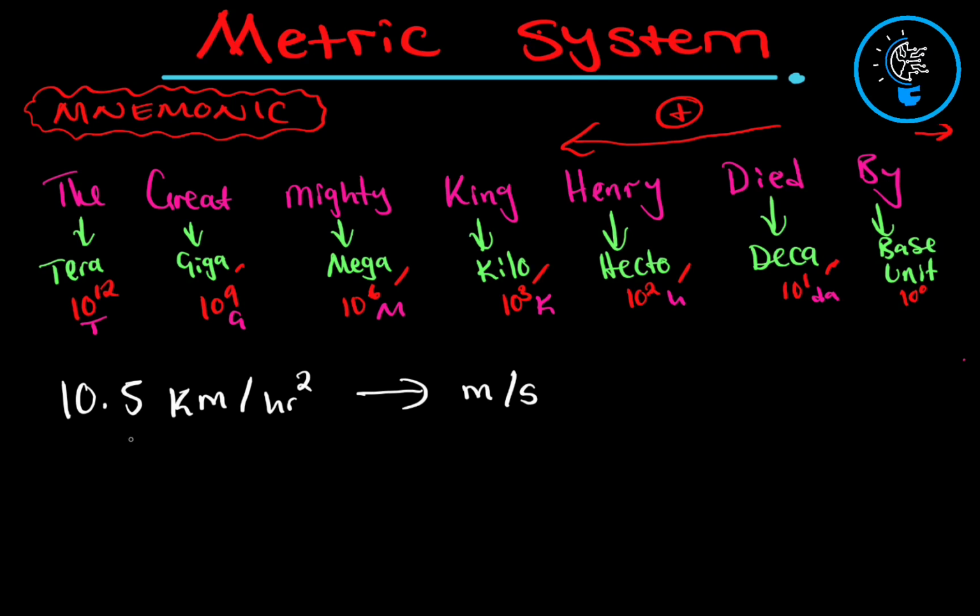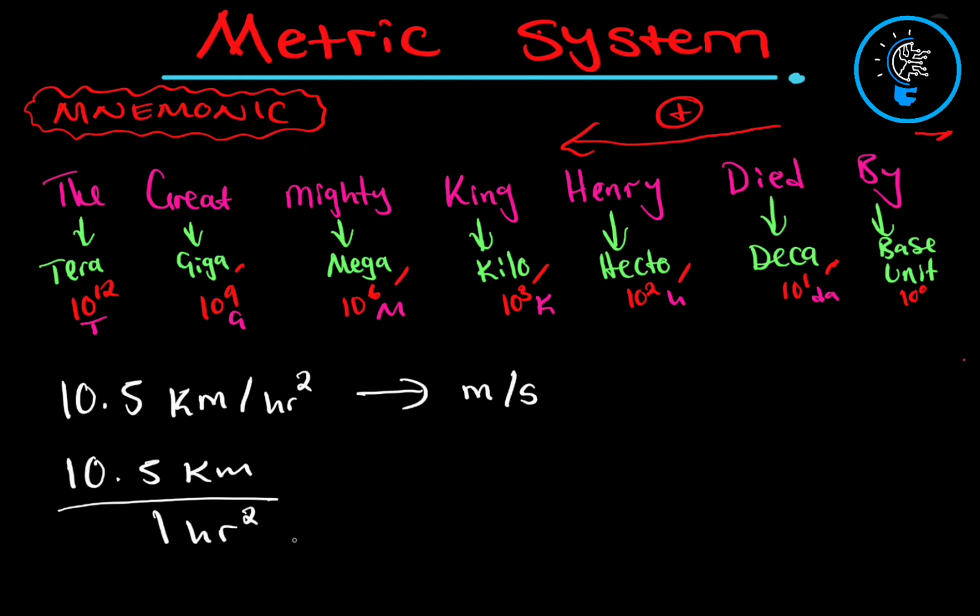The other question will be harder than this one, so let's handle this one first. We're given 10.5 kilometers per 1 hour squared, which will be multiplied by, so on this one we have 2 units in it. You can begin by converting kilometers, then afterwards you convert time.